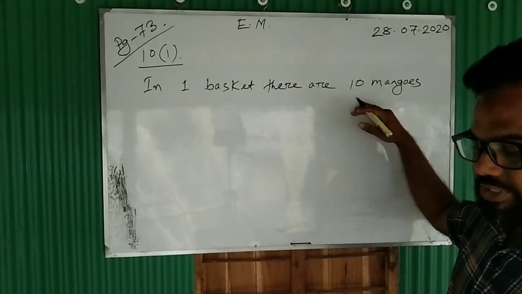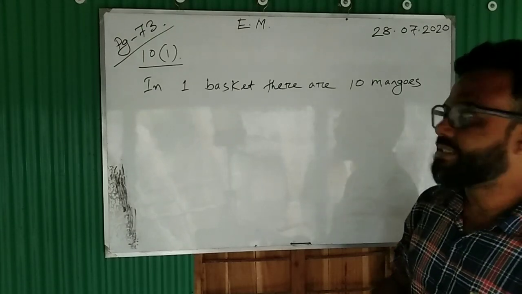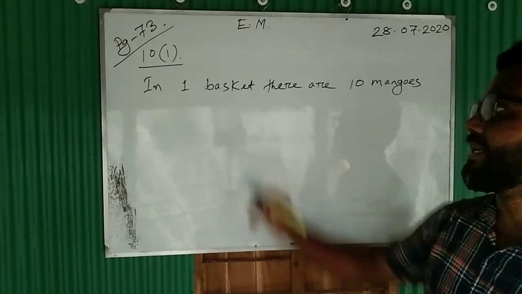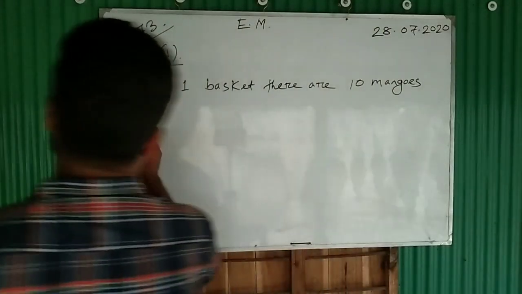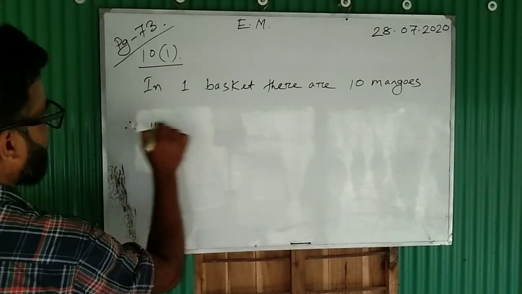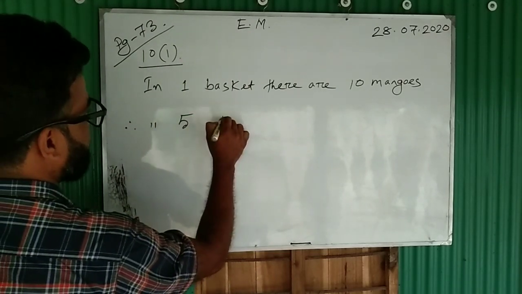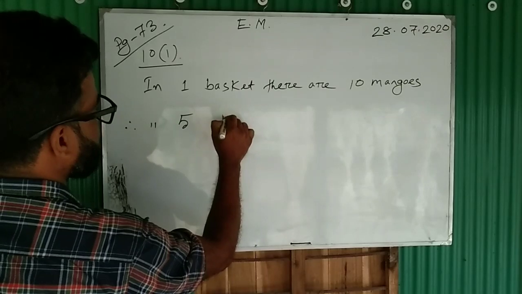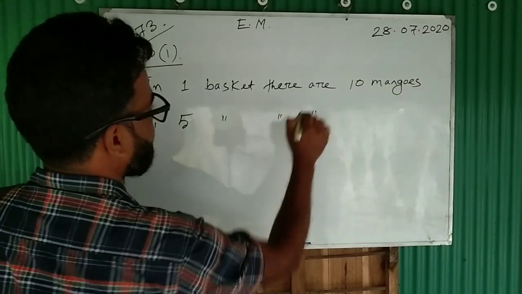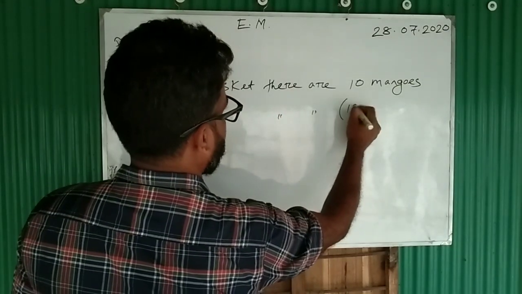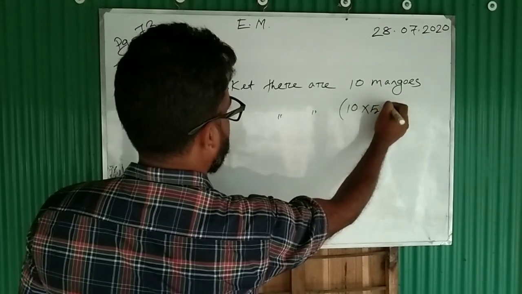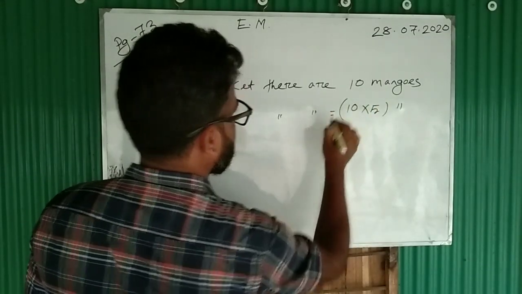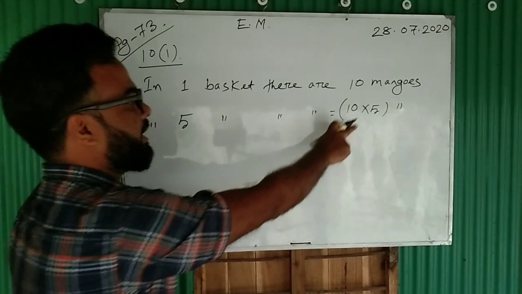Now the given question, how many mangoes in 5 baskets? Therefore, in 5 baskets, there are 10 multiply 5 mangoes. Now why multiply here?